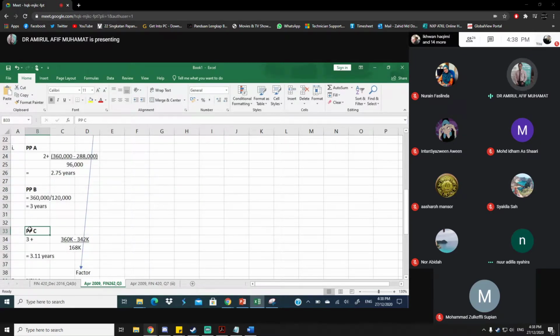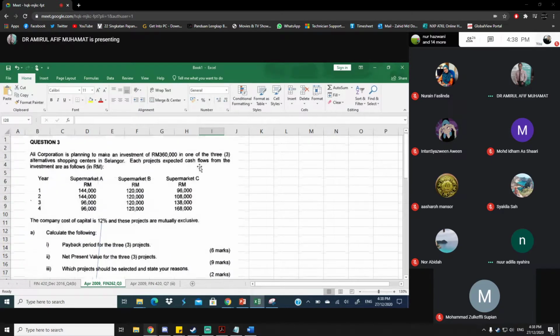Okay, for PPC, payback period C. Okay, for payback period C, if you look, this is also uneven or mixed income. So if you add up, then you will notice that in the third year, you almost cover 360,000, almost cover the cost. If you add the fourth year, you will include the profit.